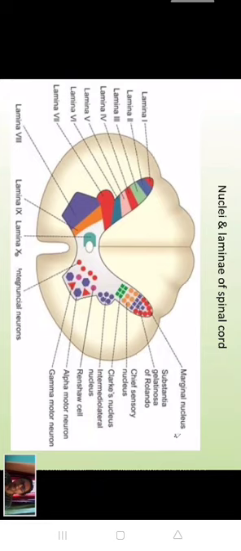Say, for touch receptors or pain receptors, their cell bodies are here, this blue color. This blue color nuclei are the cell bodies of the pain receptors. Similarly, several tracts carry different sensations and their cell bodies lie accordingly here. This is very important to understand.